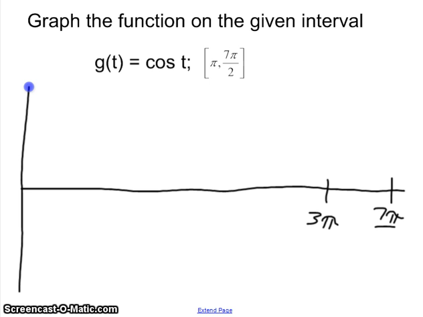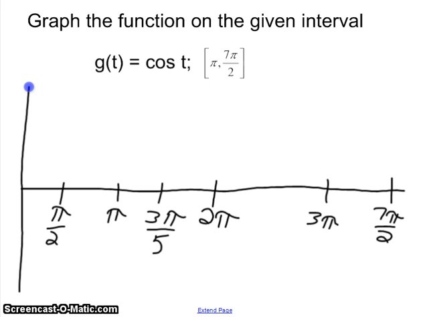So in between 0 and 3 pi, I've got 1 pi, and I've got 2 pi. And then I've got my odd multiples of pi over 2 in between. So pi over 2, 3 pi over 2, 5 pi over 2, and then 7 pi over 2.